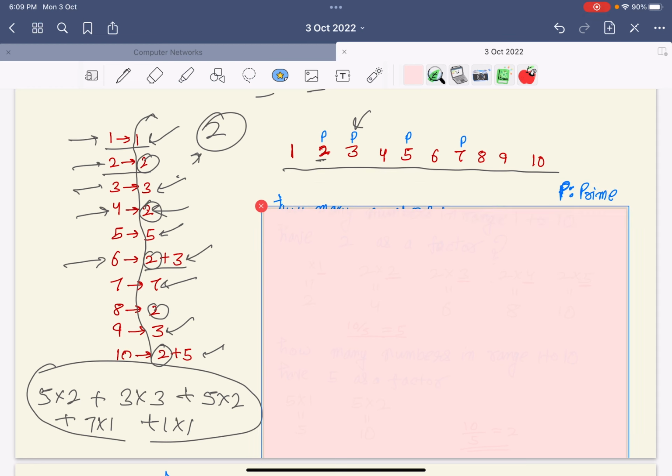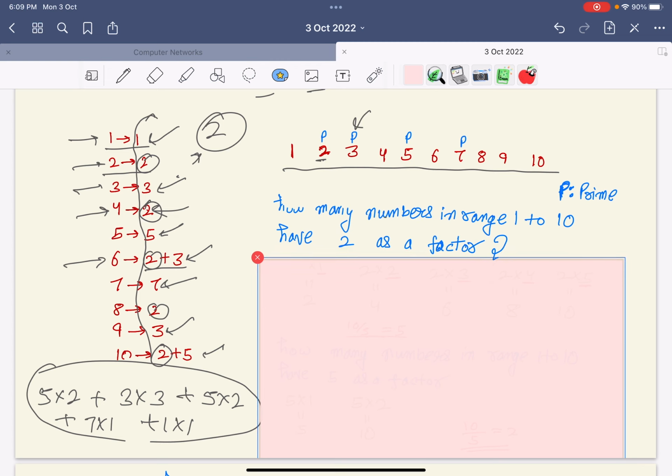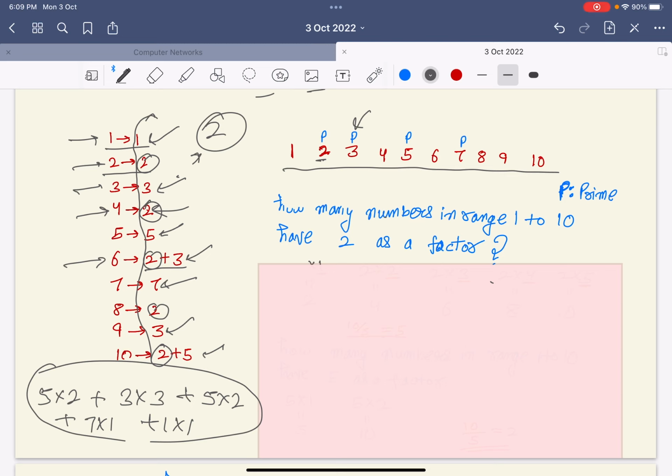Now the question is how many numbers in the range 1 to 10 have 2 as a factor? In this range, 1, 2, 3, and so on to 10, how many numbers have 2 as a prime factor?